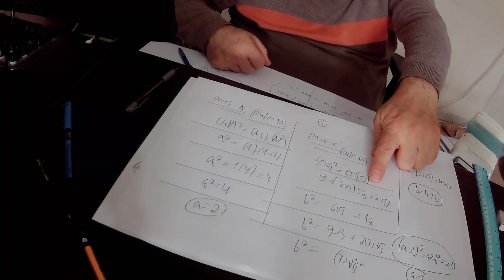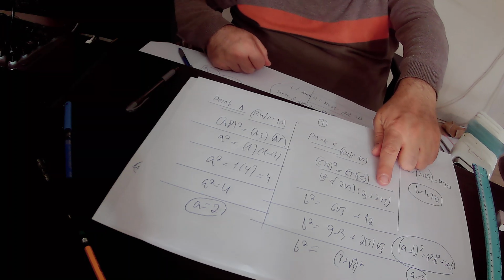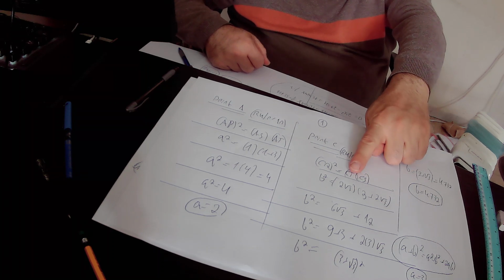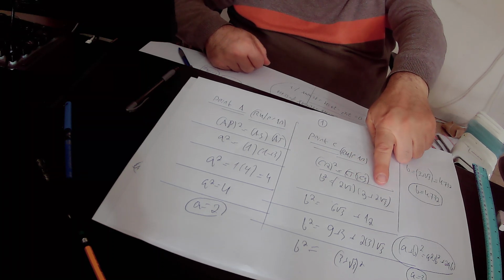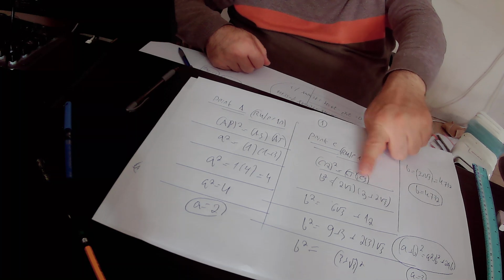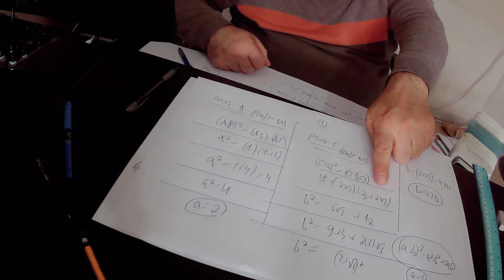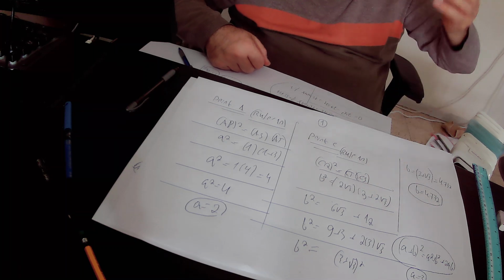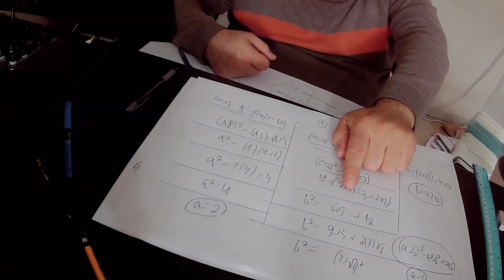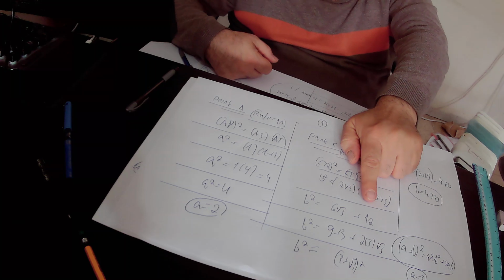That is 12 in total. Why? Because 2 times 2 is 4, and square root of 3 times square root of 3 is 3, and 4 times 3 is 12. In conclusion, B square equals 6 times square root of 3 plus 12.